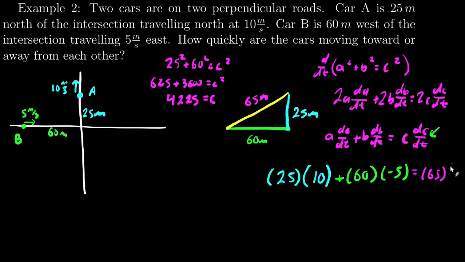65 dC/dt. And now I just do the computation. So 25 times 10 is 250. 60 times negative 5 is negative 300. 250 minus 300 is negative 50.